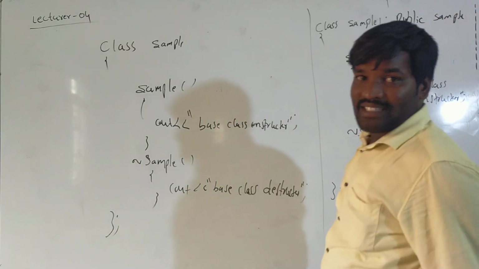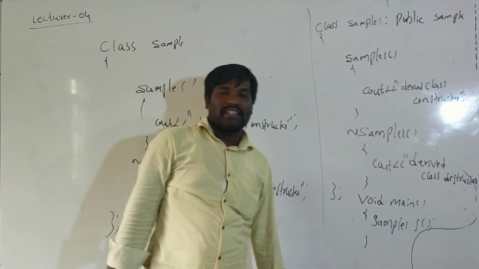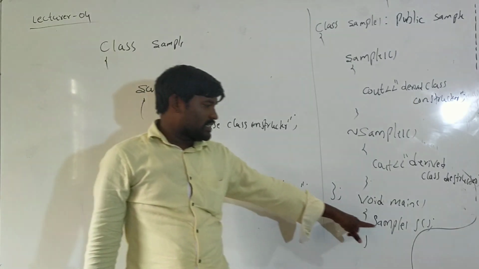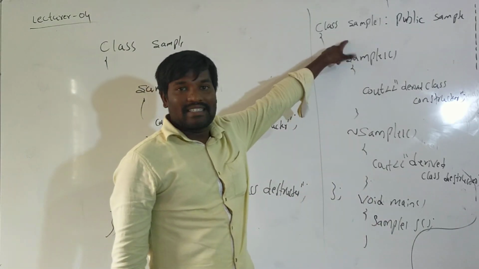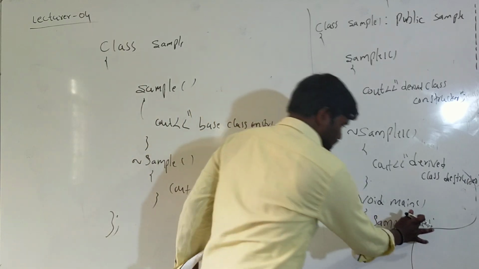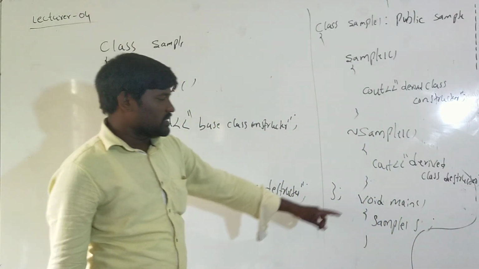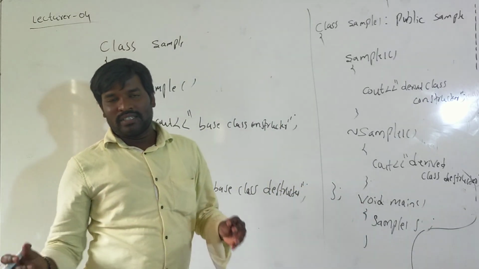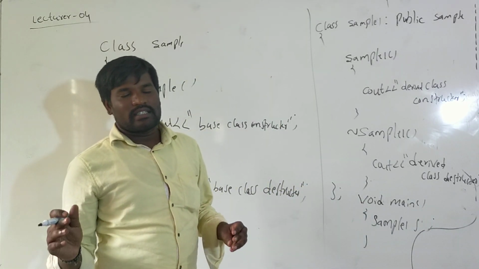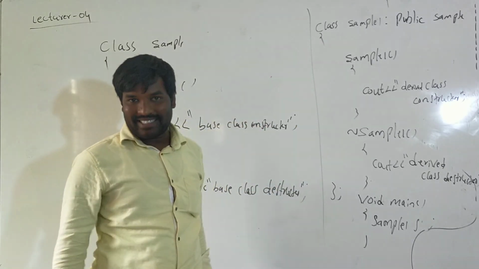I already told that if you are implementing inheritance, compulsorily we create the object of the derived class, that is sample1 of S. Generally it will call that particular class's constructor.